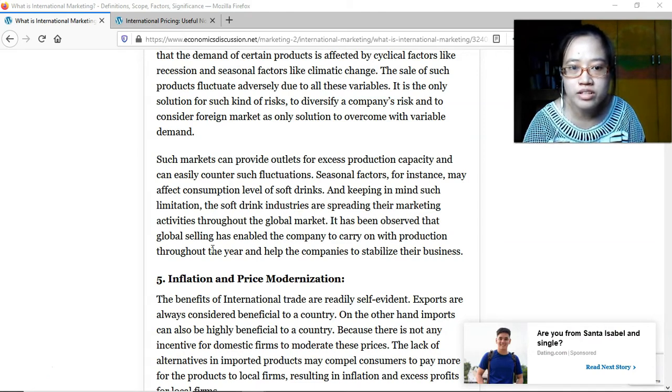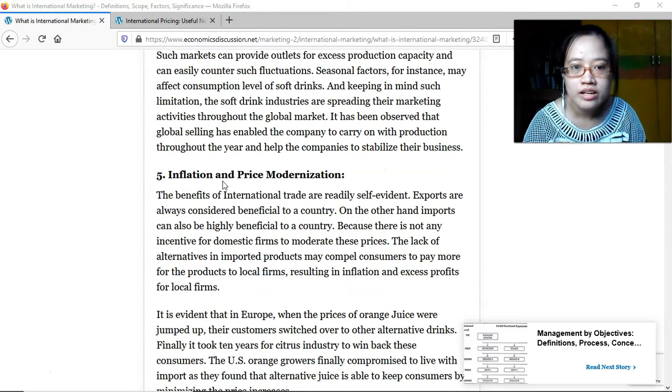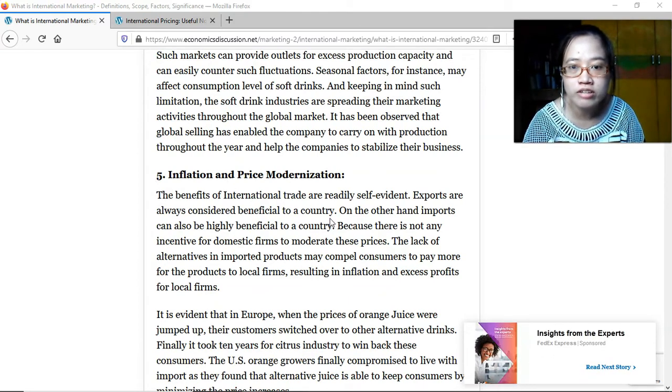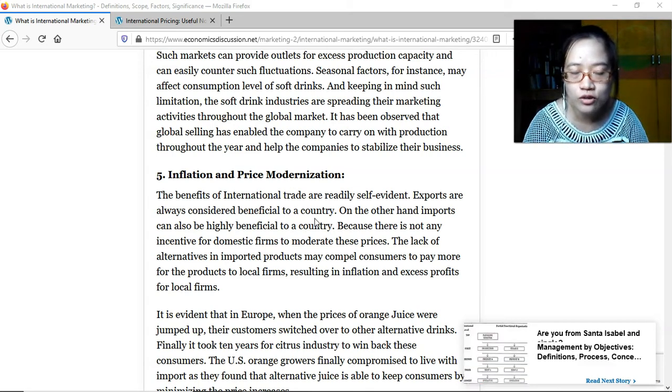It has been observed that global selling has enabled the company to carry on with production throughout the year and helps the companies to stabilize their business. Inflation and price moderation. Benefits of international trade are readily self-evident. Exports are always considered beneficial to a country because it's additional sales that contribute to the measure of economic growth and development.